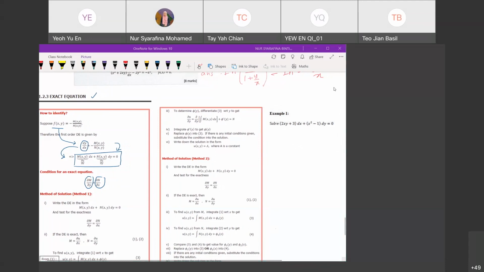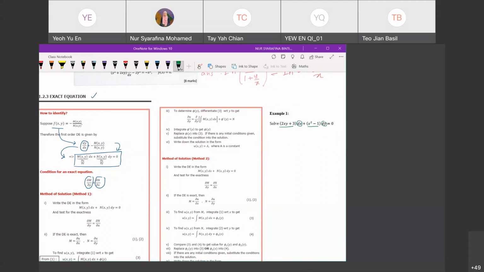Okay, can you see? Yes. As you can see here, it is already written in terms of a function of x and y together with dx, and a function of x and y together with dy.